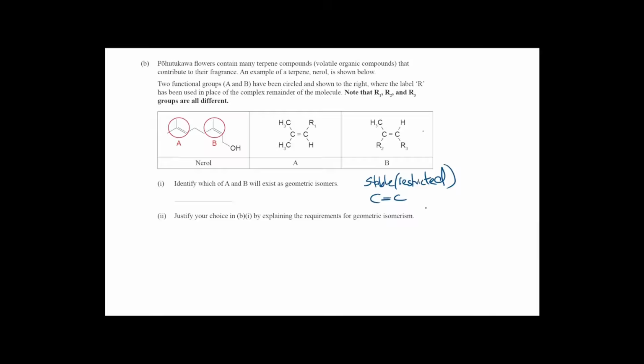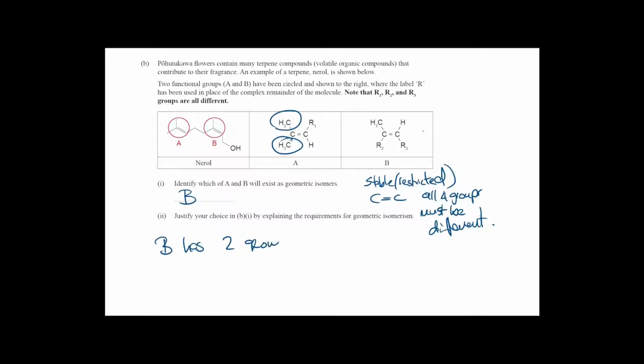The other thing that it's got to have is that the orthogonal groups must be different. So here, these two are the same, and they're different from there. This one, this one, this one, and this one, because we're told R2 and R3 are different, and that they're different from these as well, otherwise there would be H and H3C. These are all different. They're locked into place along this axis, so therefore only B can exist as a geometric isomer.